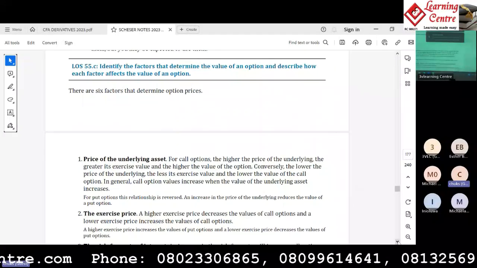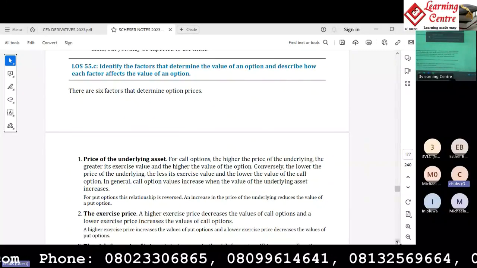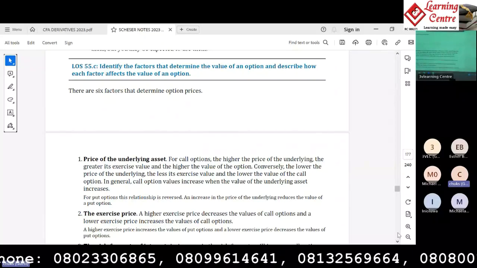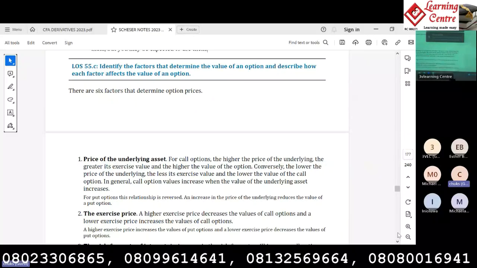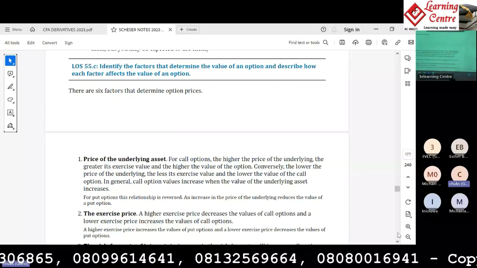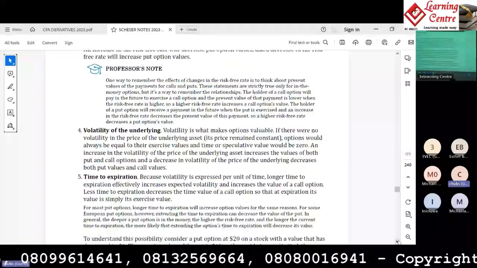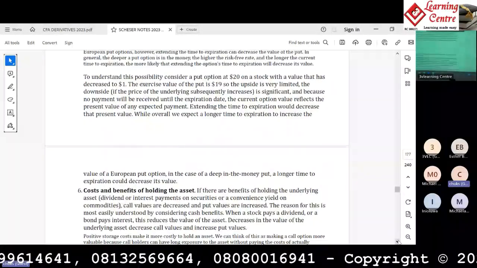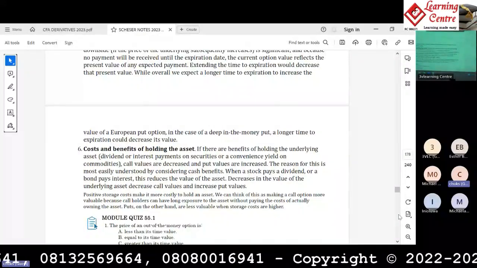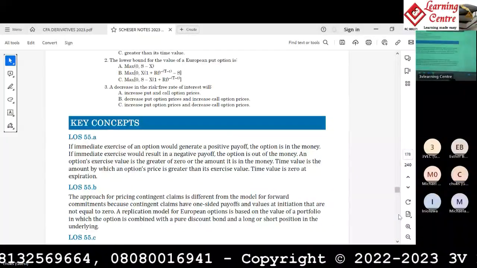Moving on. So, factors that determine the value of an option: the price of the underlying, the exercise price, the risk-free rate, volatility, time to expiration, cost and benefit of holding the assets. We've spoken about all this before.